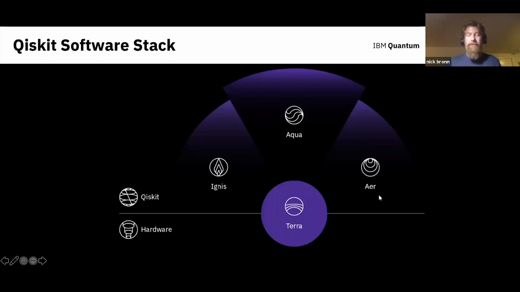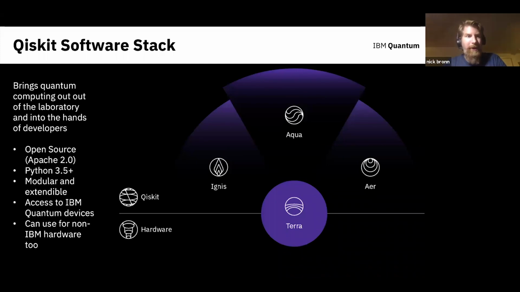Let me introduce Qiskit, which originally stood for the Quantum Information Science Toolkit. It's developed by IBM, and it is an open source framework for quantum computing. It's under the Apache license, written in Python, and meant to be modular and extensible.